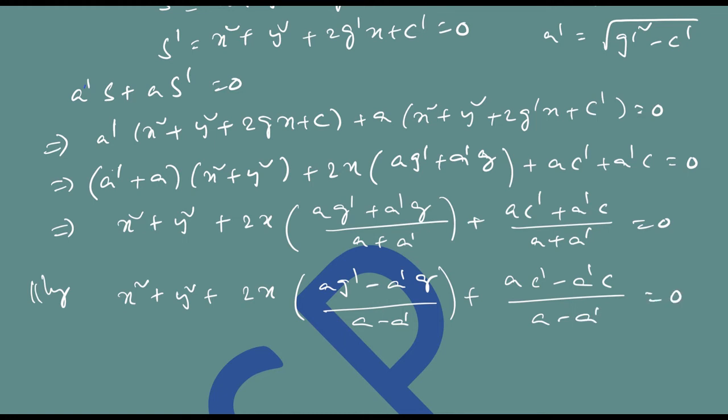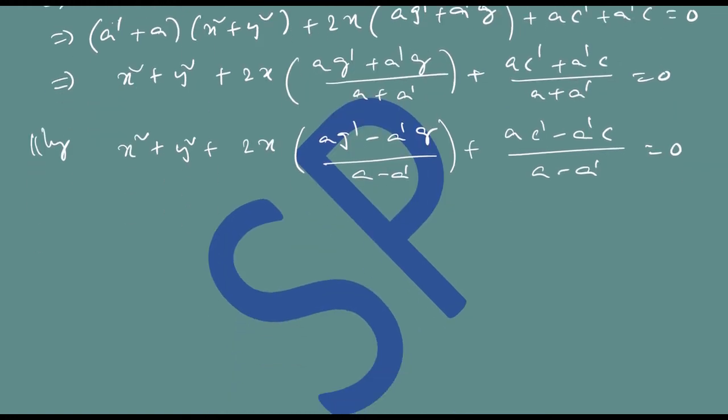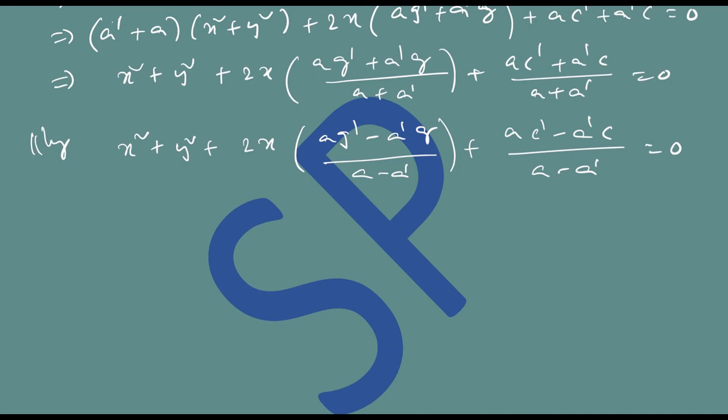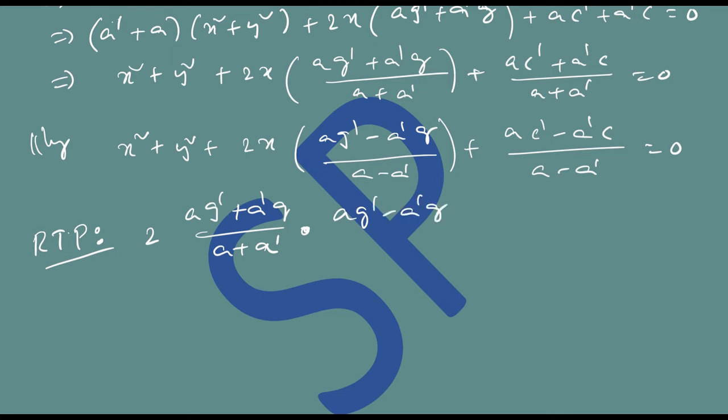We have to prove that these two circles are intersecting orthogonally. So this is required to prove: 2g g dash plus 2f f dash, that is 0 only, is equal to c plus c dash.